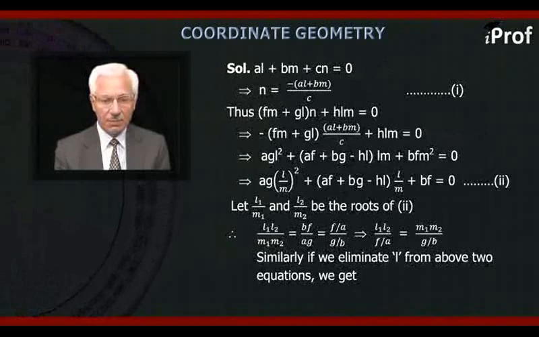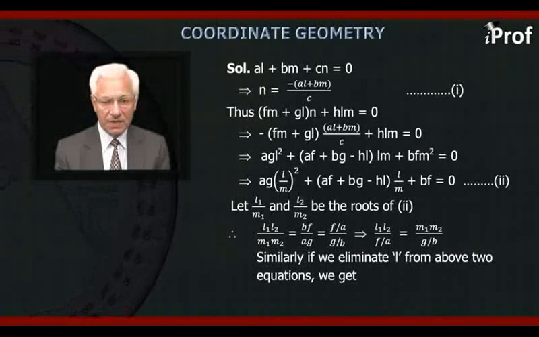Since al plus bm plus cn equal to 0, that implies n equal to minus of al plus bm divided by c. The second relation is fm plus gl times n plus hlm equal to 0. Substituting the value of n, we get minus fm plus gl times al plus bm divided by c plus hlm equal to 0.